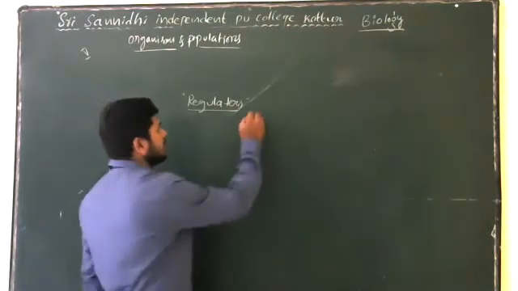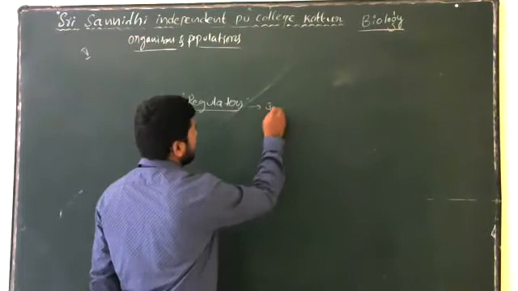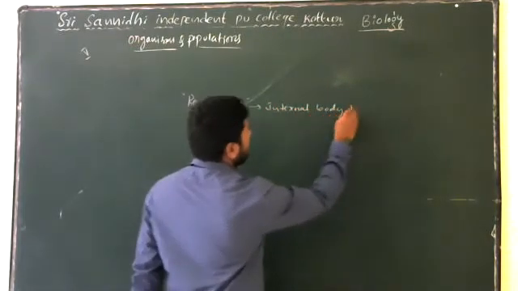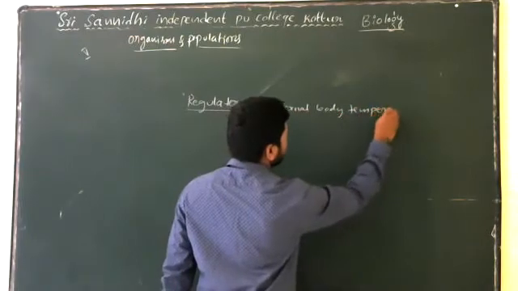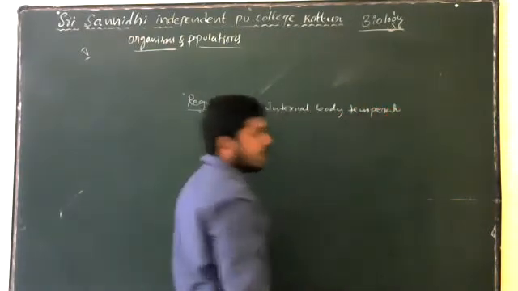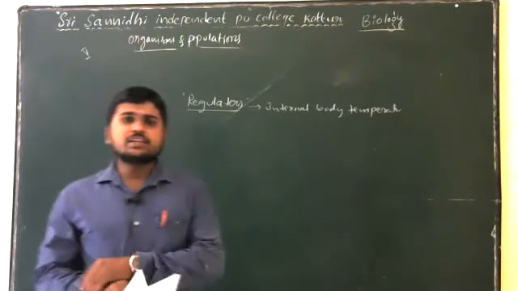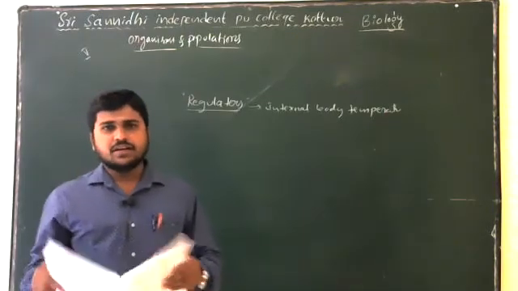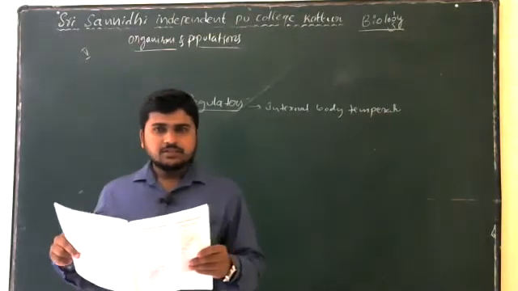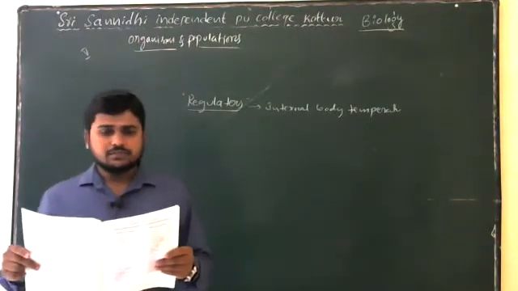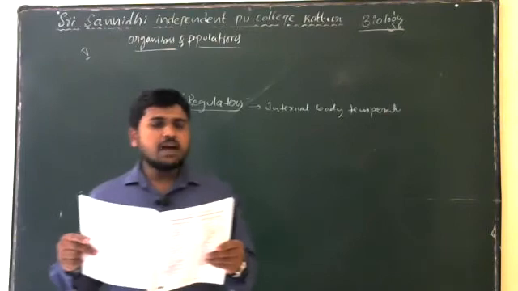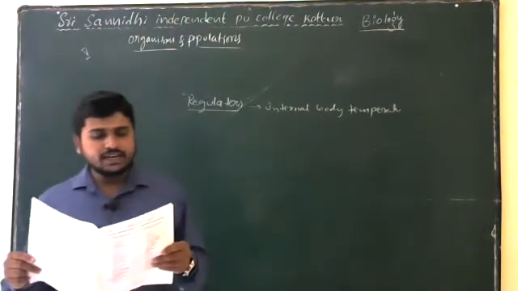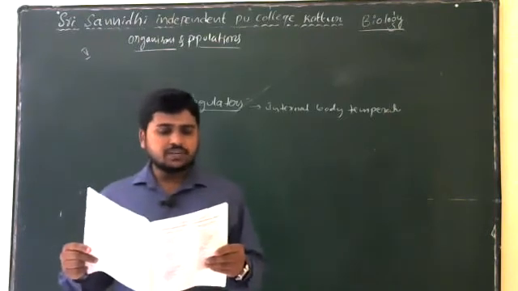Thermoregulation means maintenance of a constant internal body temperature. Whatever the temperature present externally, these organisms are able to maintain a constant internal body temperature. So they have evolved as regulators. That's why the success of mammals on earth is largely because they have the ability to maintain constant body temperature.